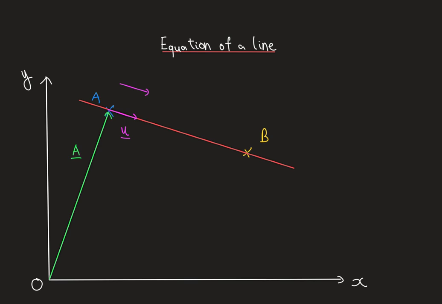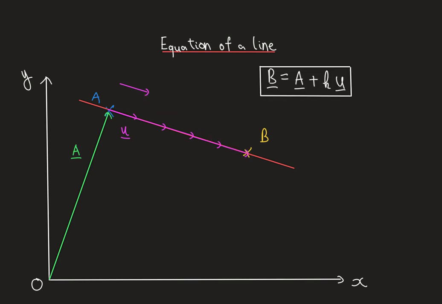And then what we do is we use our direction vector u multiple times. So first we have our direction of u, but to reach point B, we need to add another vector u. And we iterate the same process over and over until we reach our point B. Just like this.